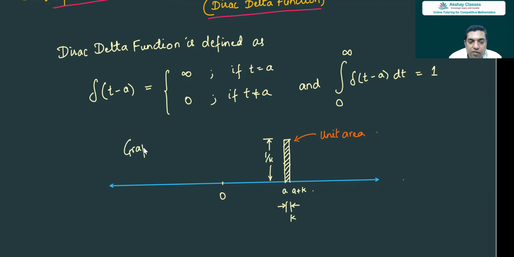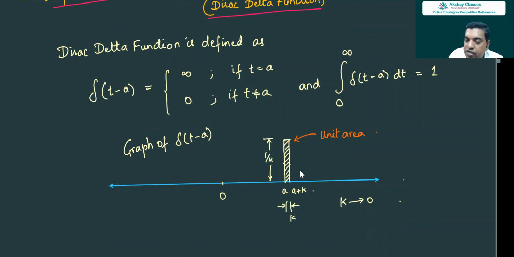This is the graph of... now this has to be made as k tends to 0. So as k tends to 0, this strip becomes thinner and thinner, but height becomes longer and longer, such that the product of the height and the width will always be equal to 1.